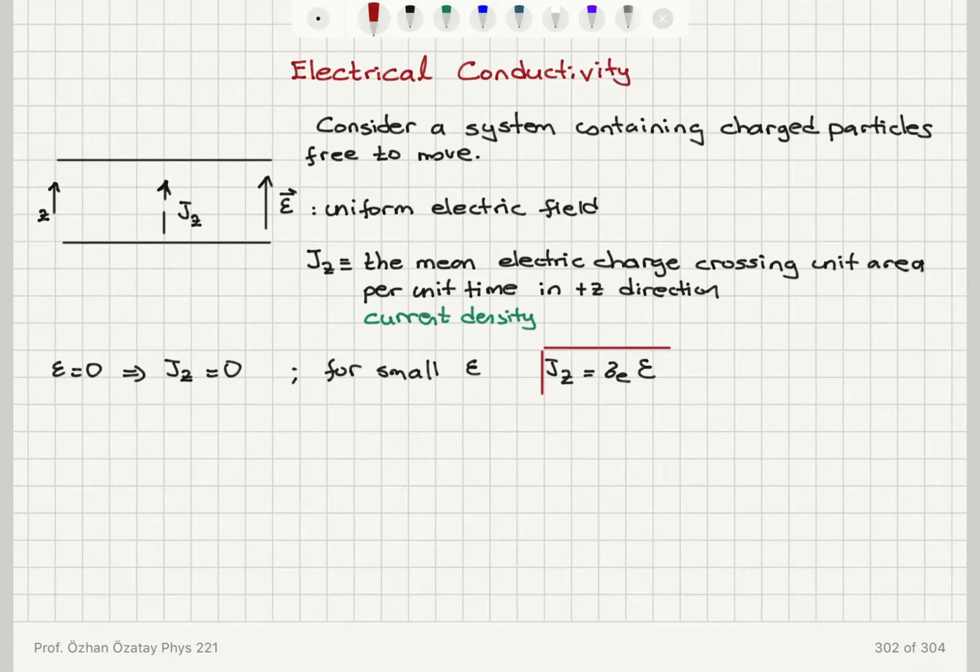This linear relationship between the small electric field and the current density is known as Ohm's law, and sigma e is our electrical conductivity.